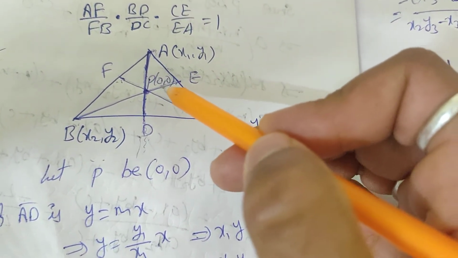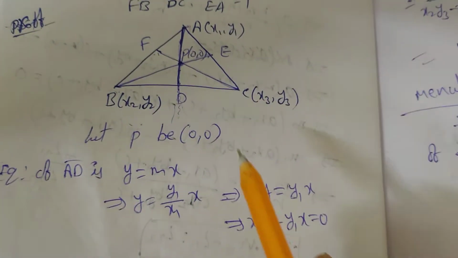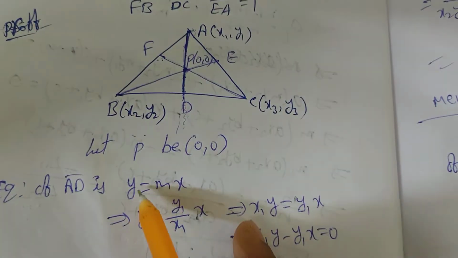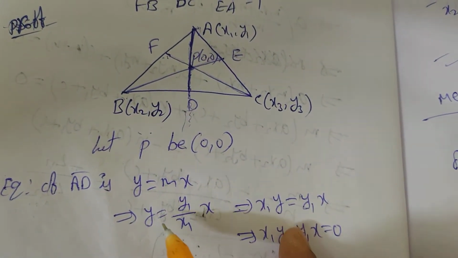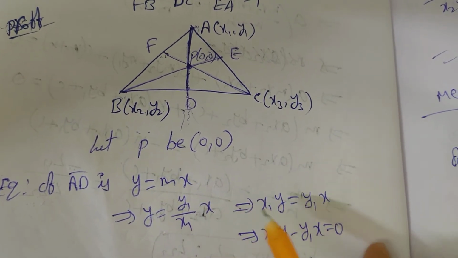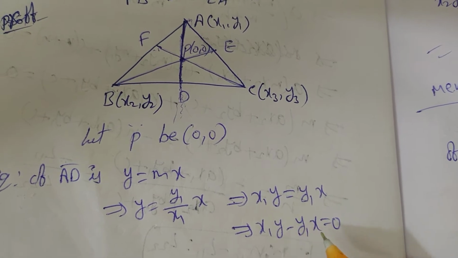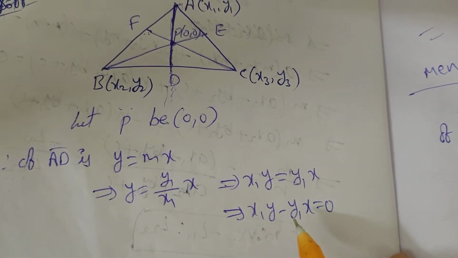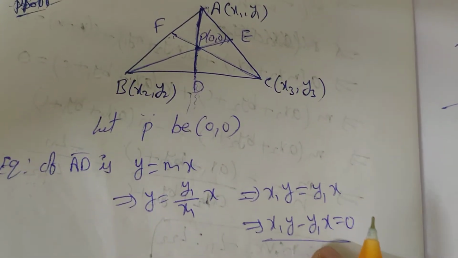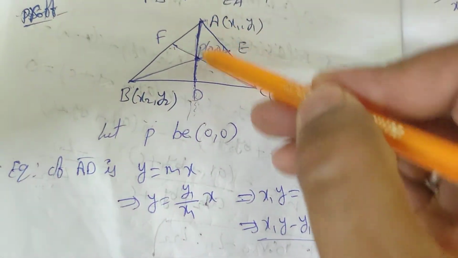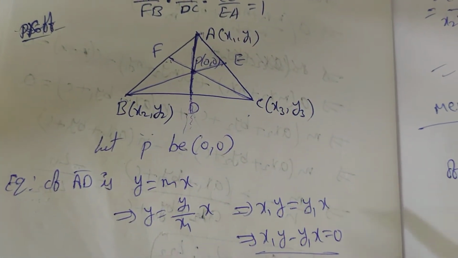If you use the passing point 0 comma 0, then you can get the equation easily in the simplest form. So y minus 0 is equal to m into x minus 0, where m is y1 by x1. So y x1 is equal to y1 x. Separating, x1 y minus y1 x is equal to 0, or x y1 minus y x1 is equal to 0. Any one you can use. So this is the equation. Since this line divides BC in the ratio minus L11 is to L22.